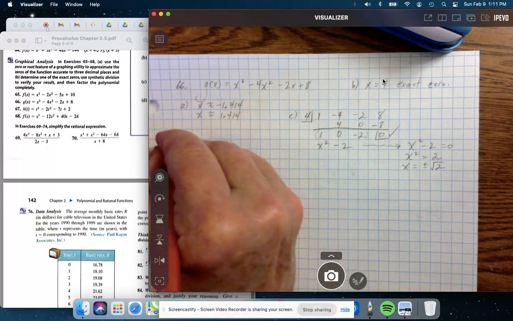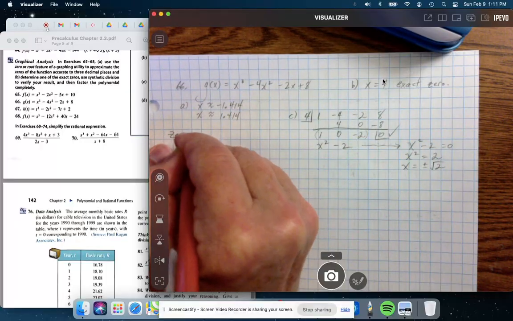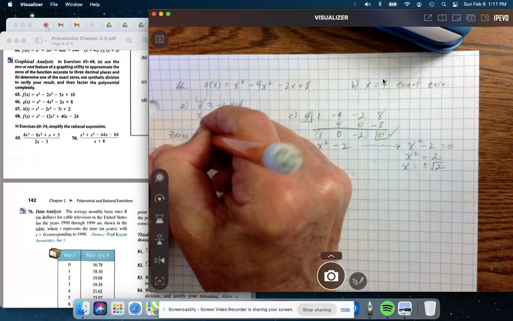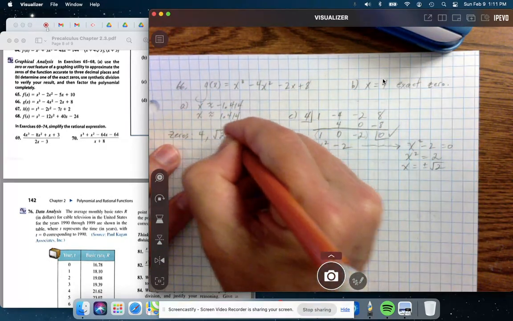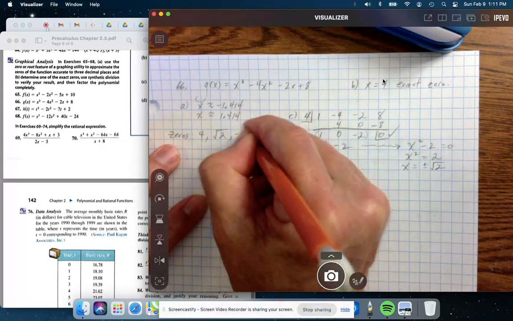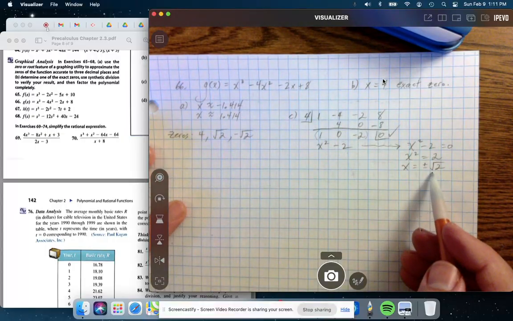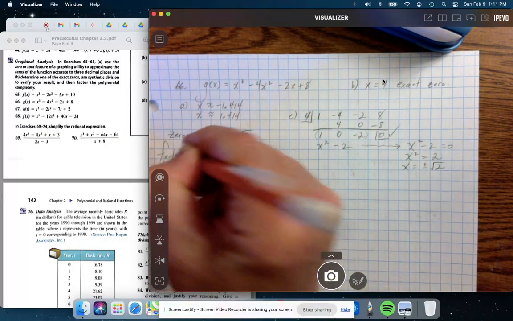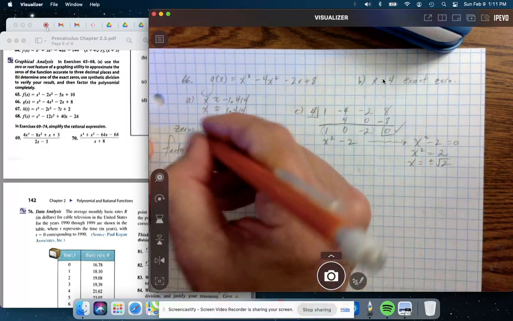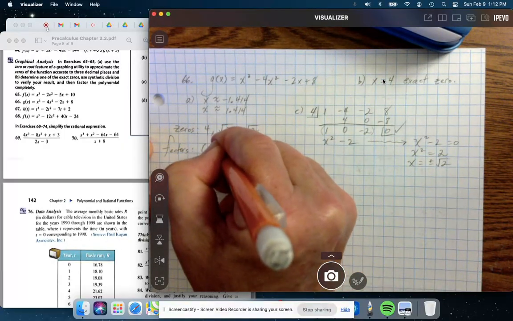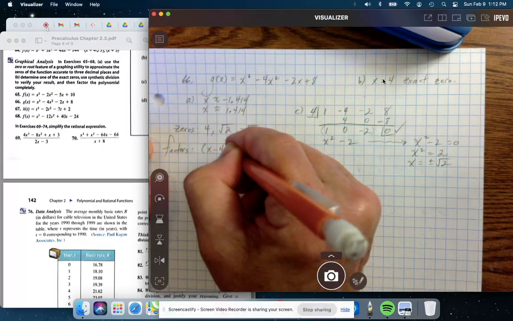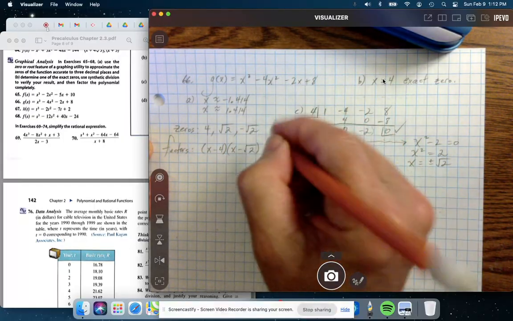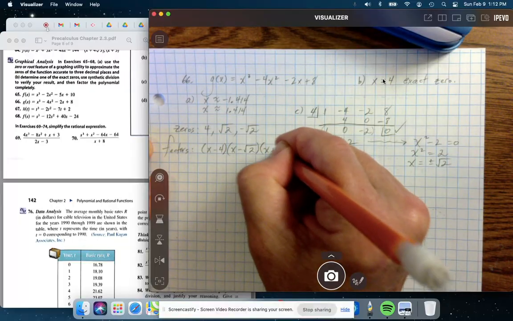So my zeros are 4, square root of 2 and negative square root of 2. Therefore, my factors are x minus 4, x minus the square root of 2, and for this one, x plus the square root of 2.